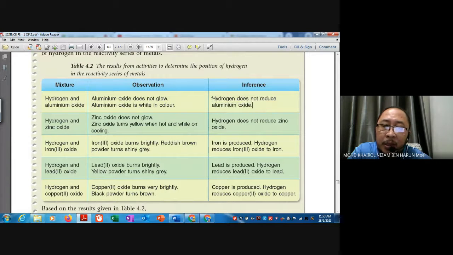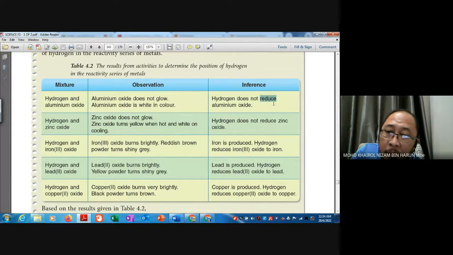Hydrogen does not reduce. Maybe you want to ask what the meaning of reduce is. This is a chemistry term: reduce or reduction, and another term is oxidize or oxidation. It may be a little confusing for you because this is a chemistry term.